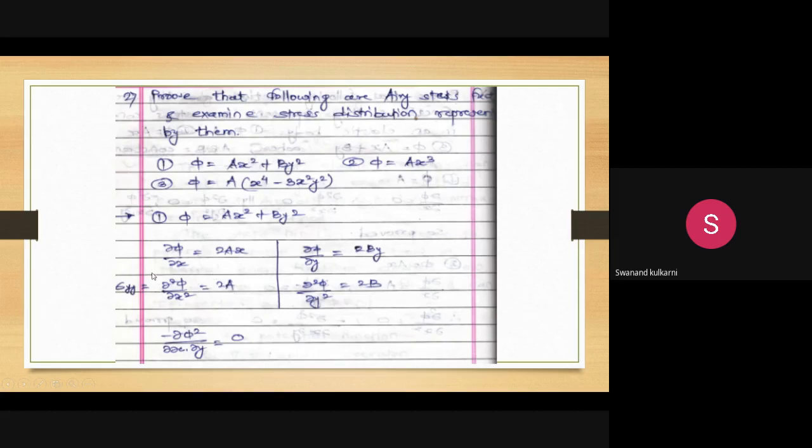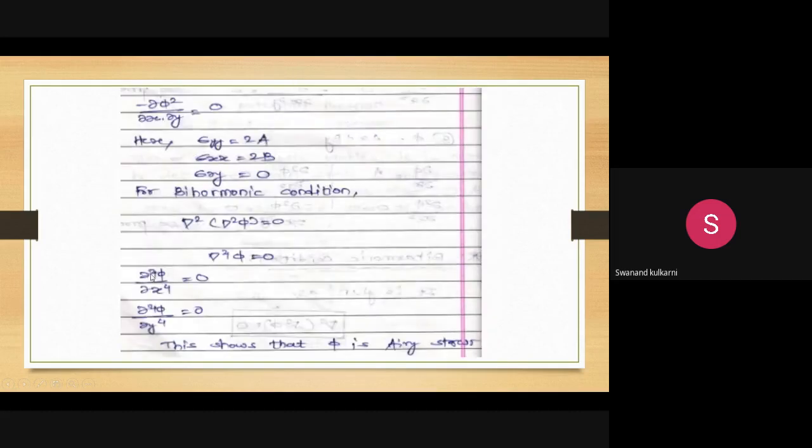Let us differentiate this particular equation with respect to x again. This will become dou 3 phi by dou x3, and that will be equal to 0 here. Dou 3 phi upon dou x3 is equal to 0, and definitely dou raised to 4 phi upon dou x4 is equal to 0 then.